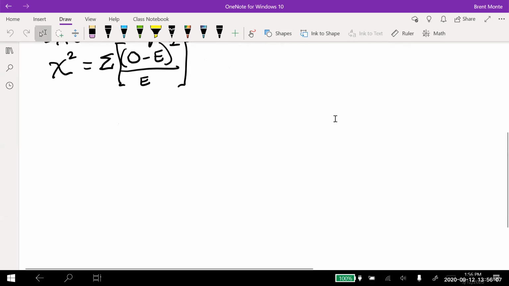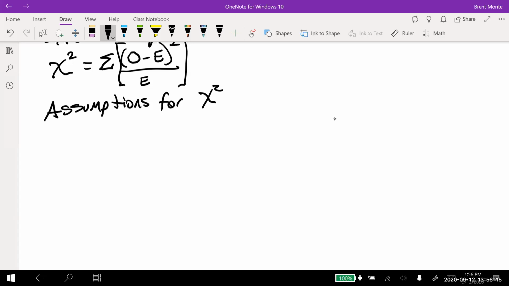So let's see, here's my assumptions for the chi-squared goodness of fit test.